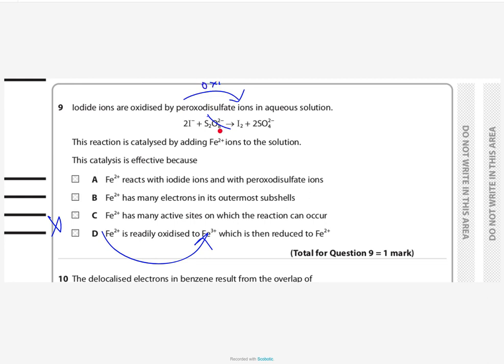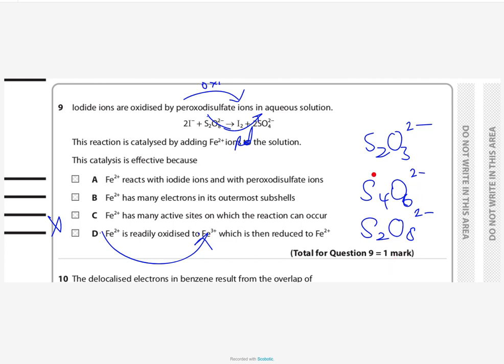This is oxidation, and this is reduction. So as Fe2+ is oxidized to Fe3+, that will reduce the persulfate. This is not thiosulfate, this is persulfate, also referred to as peroxodisulfate. Thiosulfate is S2O3 2-. S4O6 2- is tetrathionate. S2O8 2- is peroxodisulfate or persulfate.